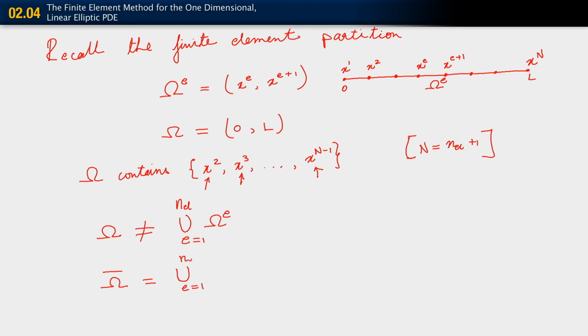Since each of those subdomains is an open set and these are disjoint open sets, we know that this union on the right hand side of the equation, by the way, is not yet complete. We know that what I have on the right hand side is still missing all the nodal points. Now when I apply a closure there, I make sure that I pick up all the nodal points including x1 and xn.